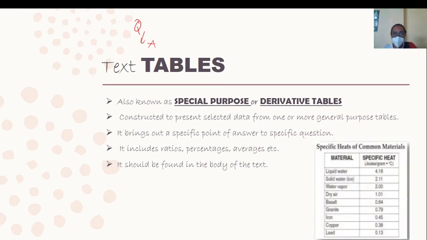Here. Ano sabi na dyan? Here an example of text table. Here we have the specific heats of common materials. We have two columns.